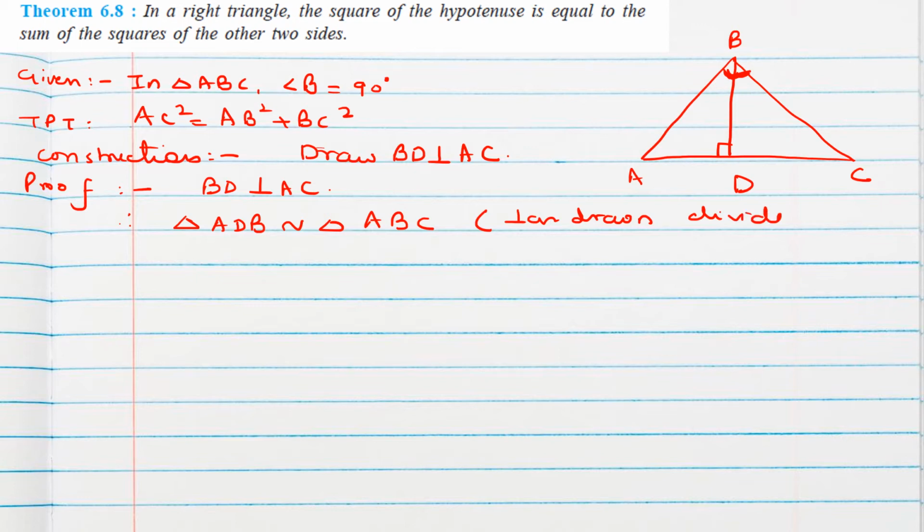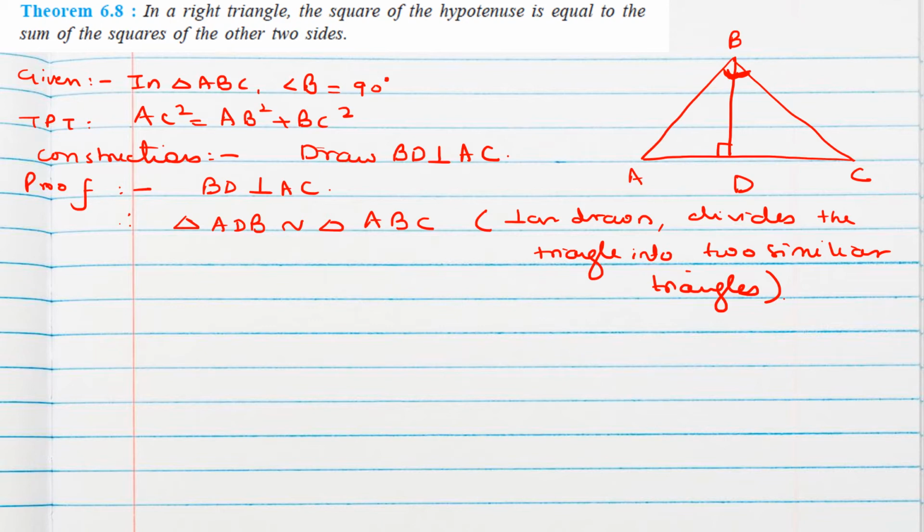In short I am writing the statement of that theorem. And these two smaller triangles will be similar to the original triangle also. That's what I have written here, ADB and ABC.